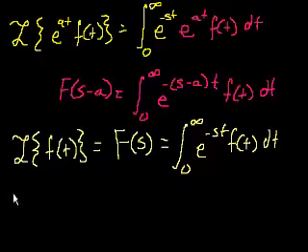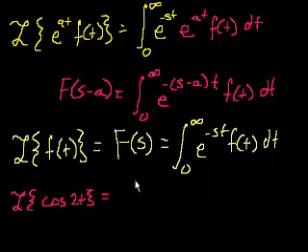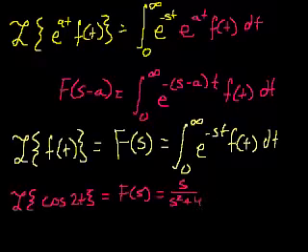So let's just take the Laplace transform of cosine of 2t. We've shown it is equal to, well, I'll write the notation, some function of s, and that function of s is s over s squared plus 4. We've shown that already.